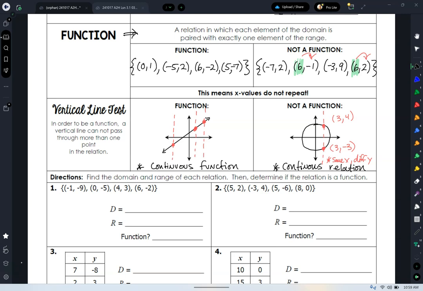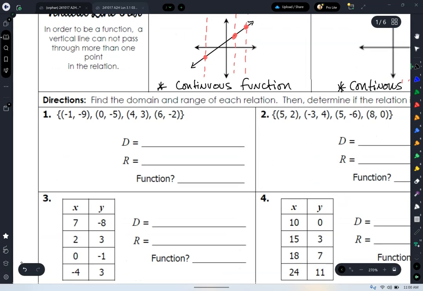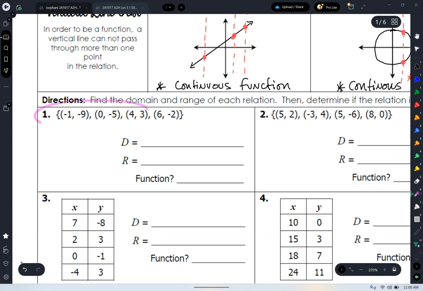Good question. Okay, so let's do a little practicing. This is the head side of the coin, number side, okay? I want you to find the domain, the range, and tell me whether this is or is not a function, and you're going to write your domain and range in set notation. So you'll do a little set here, then you'll list out your domain, and then you'll close your set.